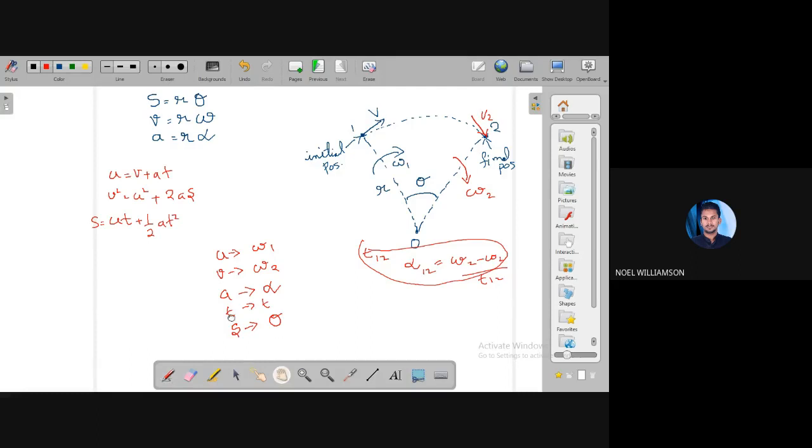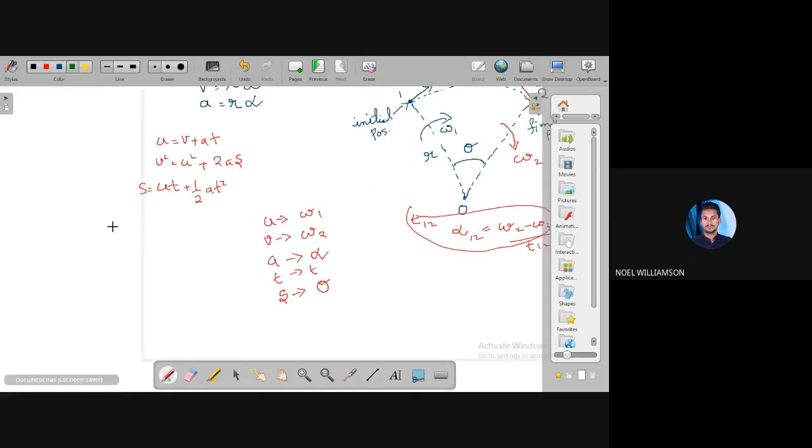And so we can rewrite the relations. v equal to u plus at becomes omega 2 equal to omega 1 plus alpha t, or instead of t, t12, here alpha 12, like this in this figure.